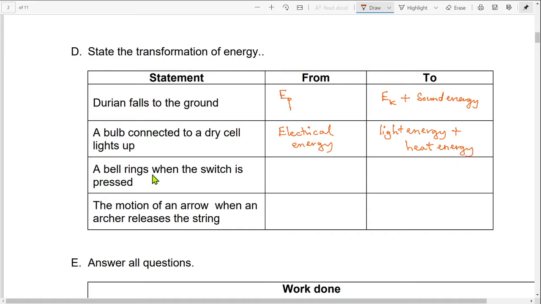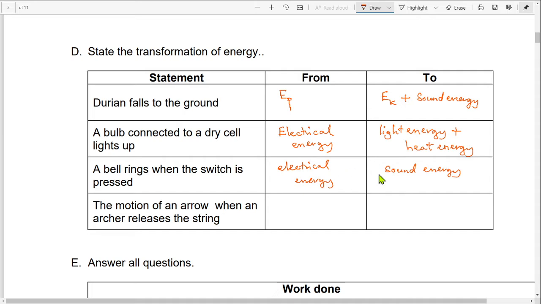A bell rings when the switch is pressed. So a bell rings due to the electricity. So again, here I have electrical energy. So what happened? The bell rings. So rings sound, so transform into sound energy.